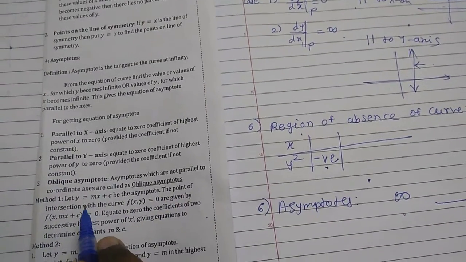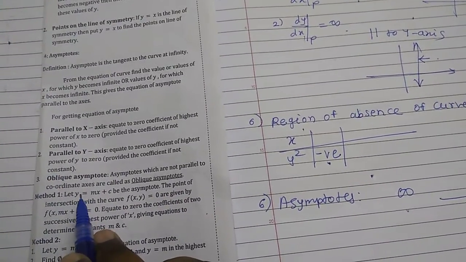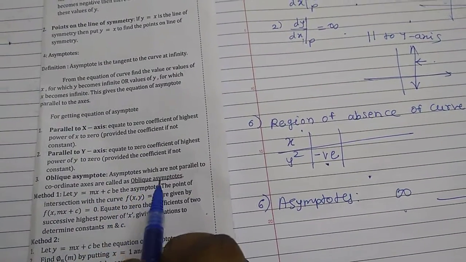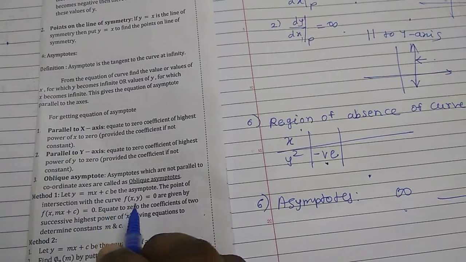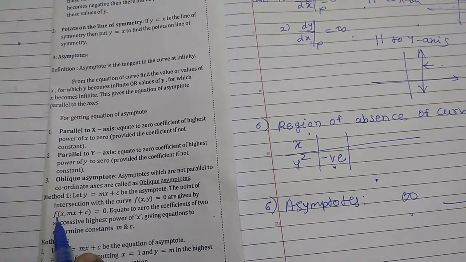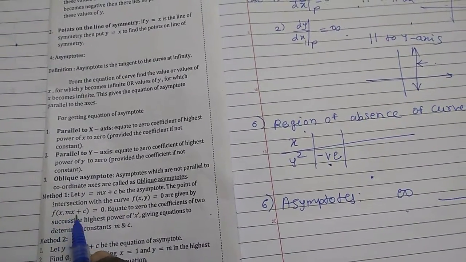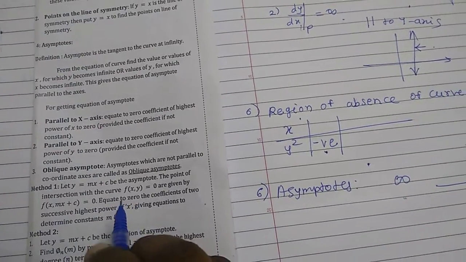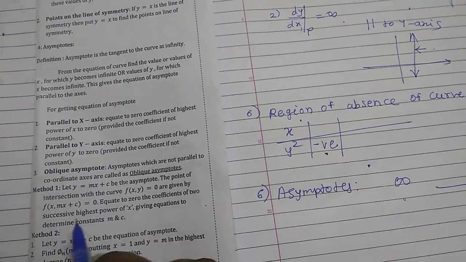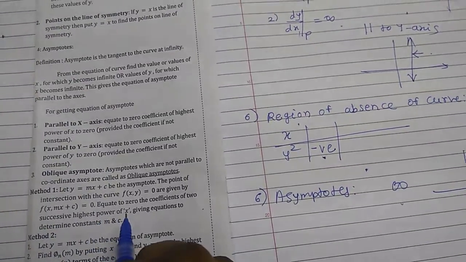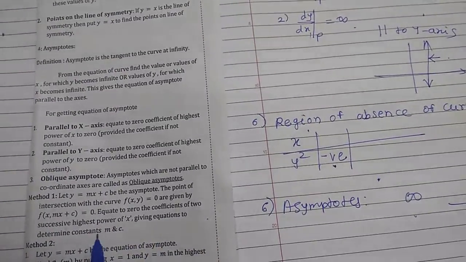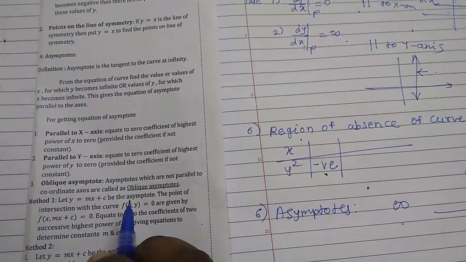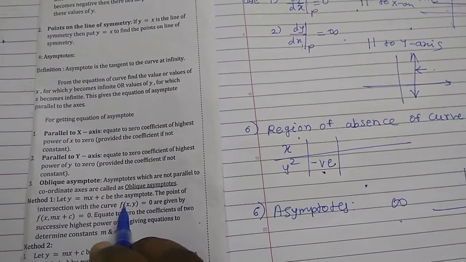To find that oblique asymptote, we will put y equals to mx plus c in the given curve, so that the curve becomes a function of x comma mx plus c. Equating to 0 the coefficients of the two successive highest terms of x, we will get values of m and c, and hence we will have the equation of asymptote.